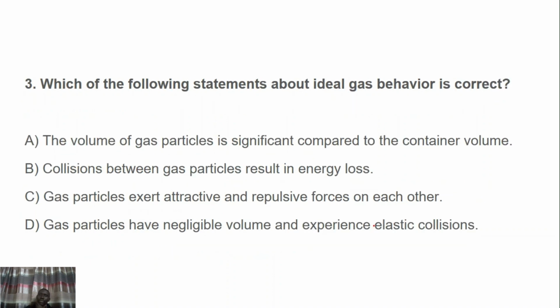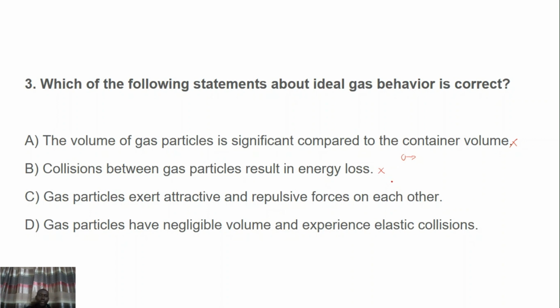Which of the following statements about ideal gas behavior is correct? A. The volume of gas particles is significant compared to the container volume. That is not correct. It's usually negligible, it's insignificant. B. Collision between gas particles results in energy loss. No, this is not correct. There's usually conservation of energy when two molecules collide, meaning that energy is neither lost nor created when molecules collide.